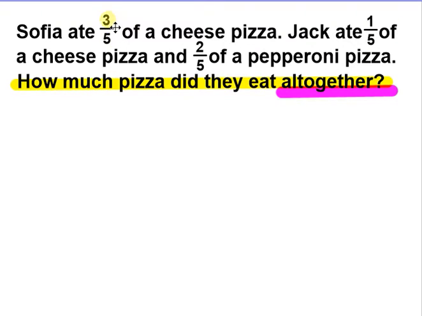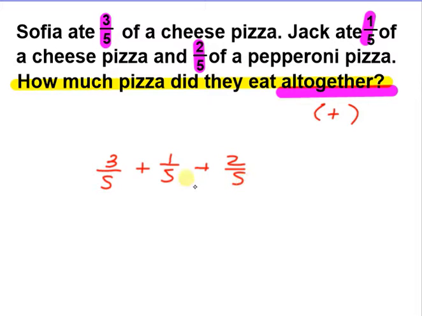And so I'm also going to highlight my numbers here because these numbers have to do with my operation as well, because I know I'm going to be adding those numbers up. And so I know that this word all together is going to mean addition, and I'm going to be adding all these numbers up together. So I have 3/5 plus 1/5 plus 2/5. Now, this is a pretty good situation here because they all already have the same denominator, so I can simply add straight across.